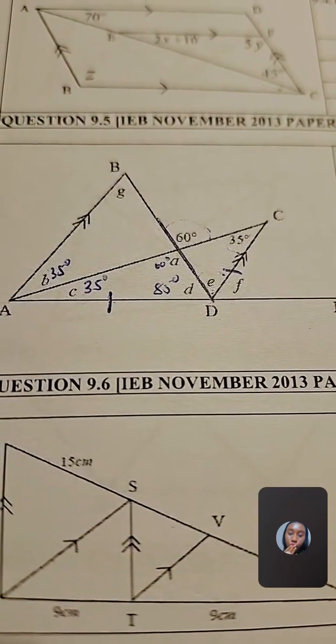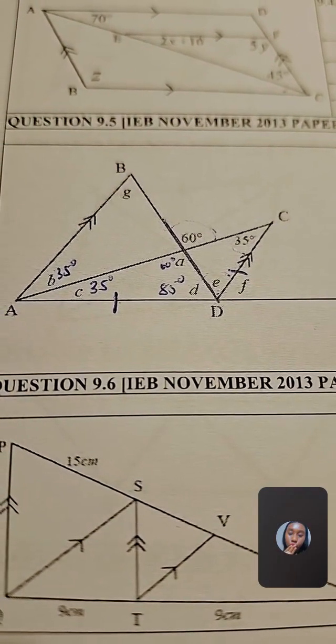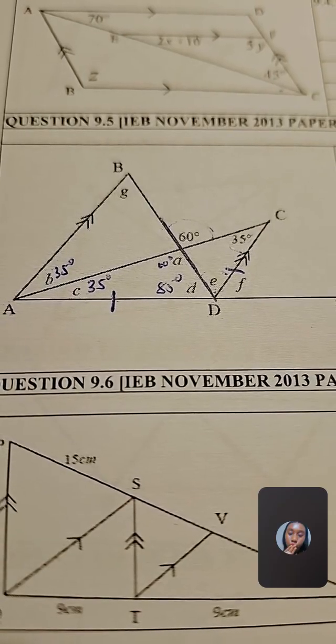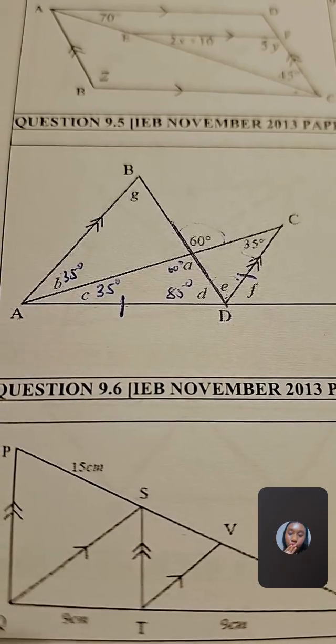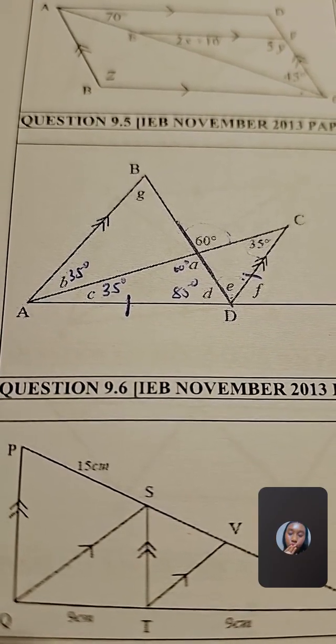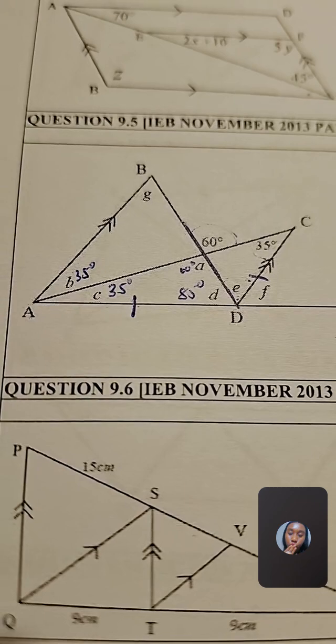Okay, that's just what I'm seeing. You guys might be seeing something else. Remember, as I said, geometry is beautiful because for the first time, there's a bit of liberty and room to breathe and say, I see this, I see that. It's all about perception, what you perceive.